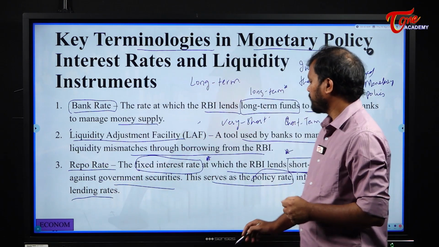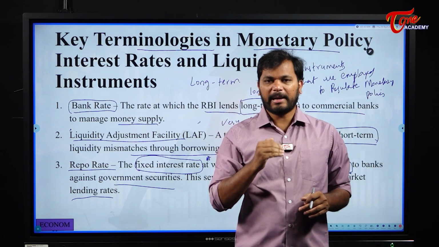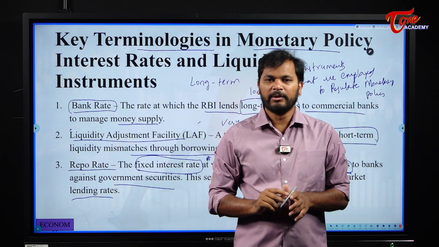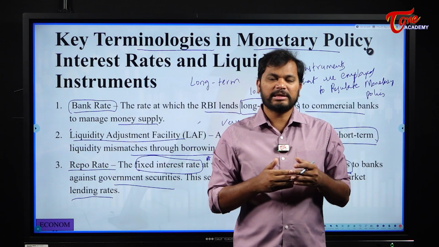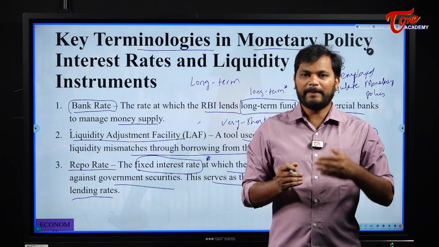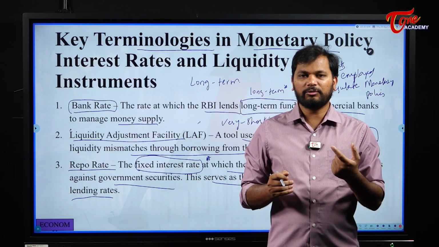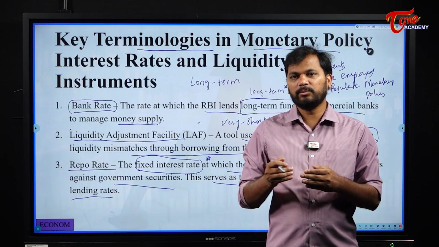For example, the RBI is giving money to the banks on a very short-term basis. If the repo rate is increased, it means the RBI is charging a high interest rate, and the banks need to pay high interest to the RBI. For the banks to pay high interest rates, they need to earn more profits.